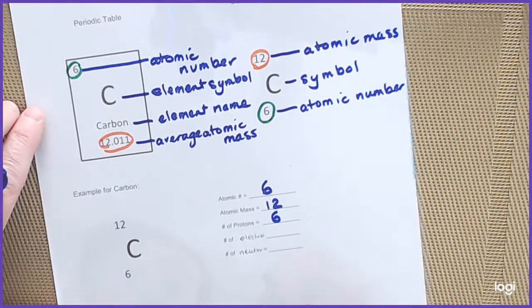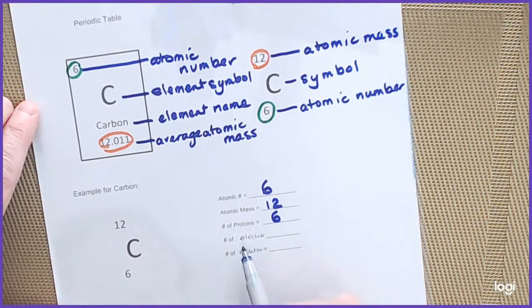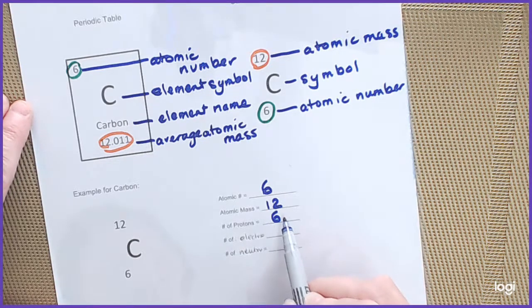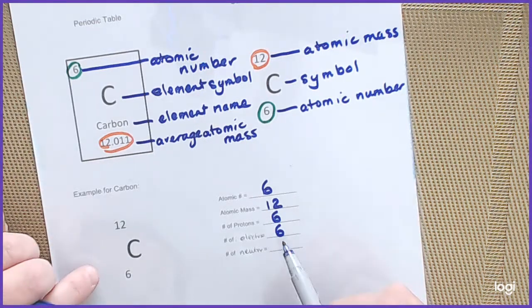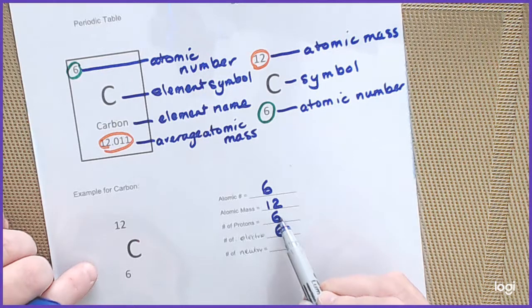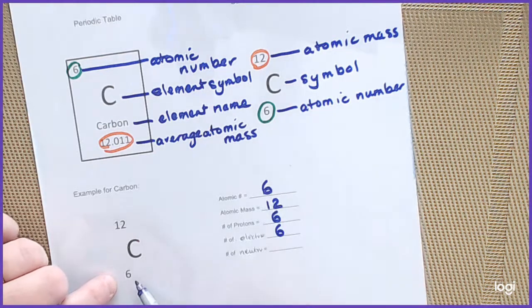And in a neutral atom, the number of negative electrons is going to be equal to the number of positive protons. So if we know there's 6 protons, we know there's going to be 6 electrons. We can look at our number of protons, which is 6, or we can look at our atomic number, which is 6, to find out our number of electrons.